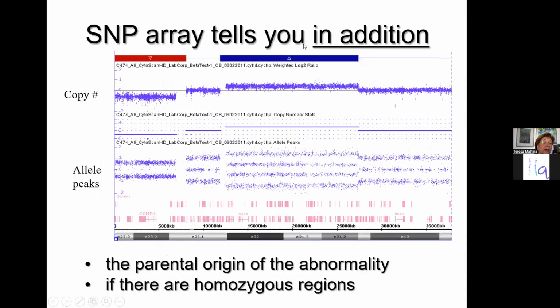And there is another kind of array, called SNP array, that gives additional information: the parental origin of the abnormality, and also if there are homozygous regions, which may cause some additional features.